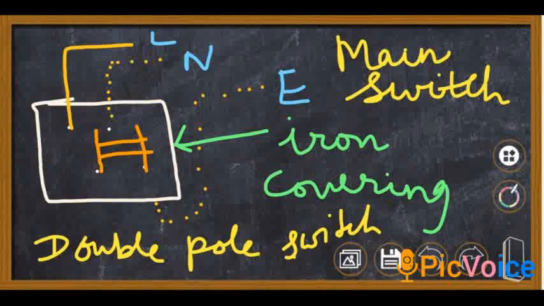Now in case of excess leakage or any other high current flowing, what happens? The earth wire is connected to the covering of the main switch, and this iron covering is connected to the ground. So all the excess electrons through this path will move to the ground.